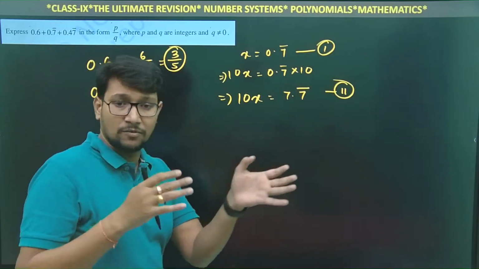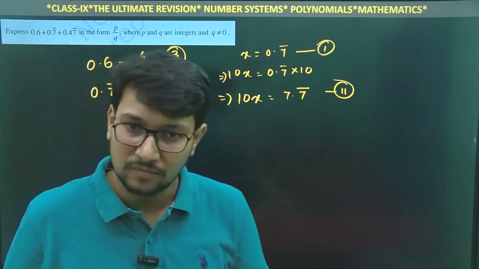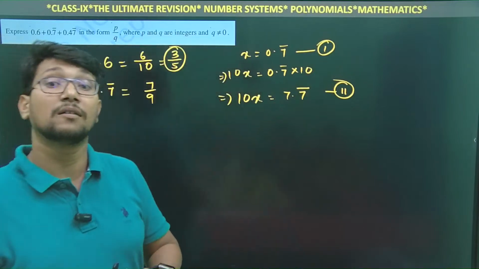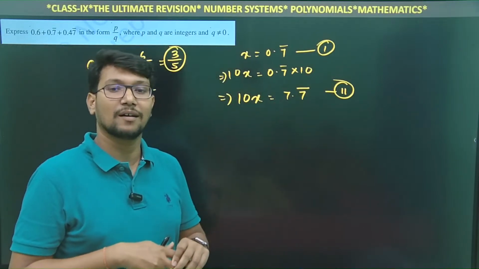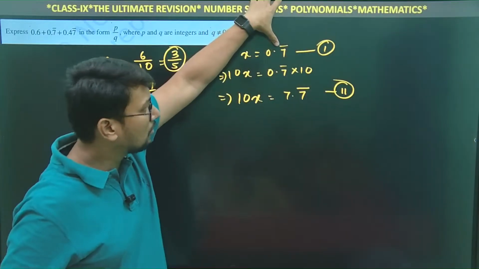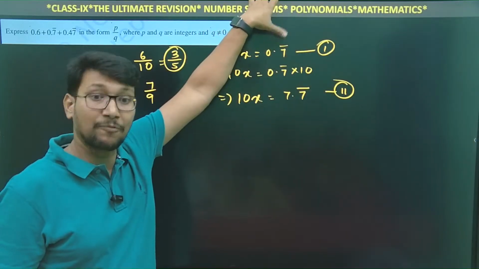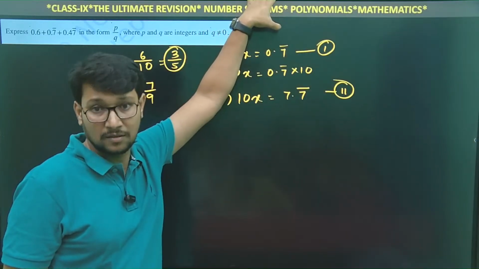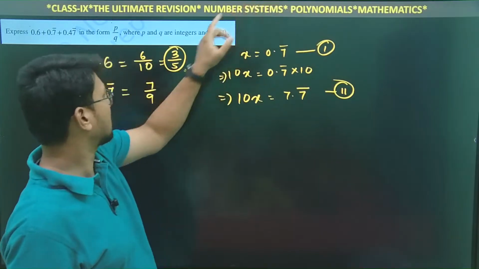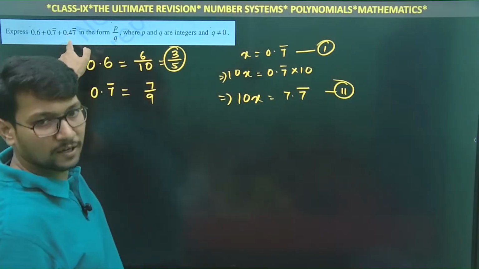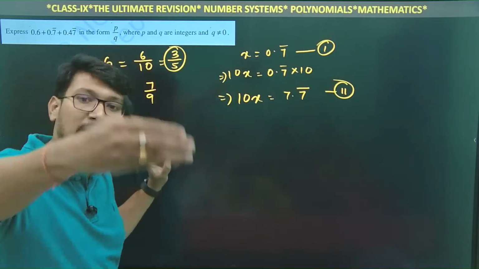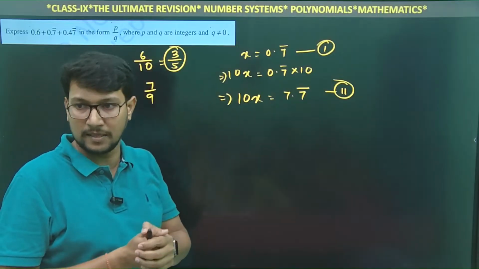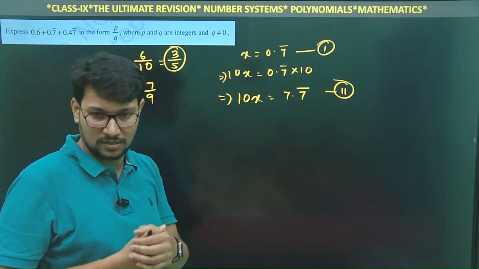Why did we multiply by 10 here? Because the bar is only on one place after the decimal. For the other case it will be different, where the bar starts after one place; we will discuss that later on.